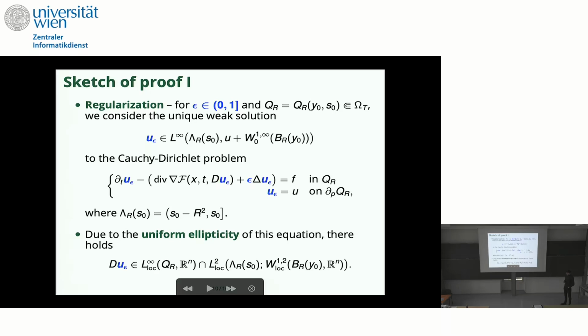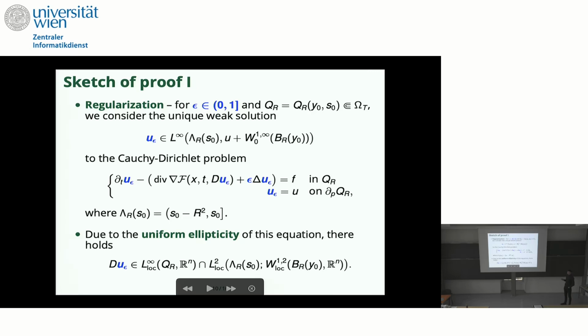So first of all, it's clear that we have to overcome this general lack of ellipticity, right? Because without this, we cannot do anything. So for this matter, let's introduce the first scaling parameter, epsilon, let's say small, in (0,1), and we do local estimates. Consider some parabolic subcylinder, Q_R. And what we do is the usual comparison argument.